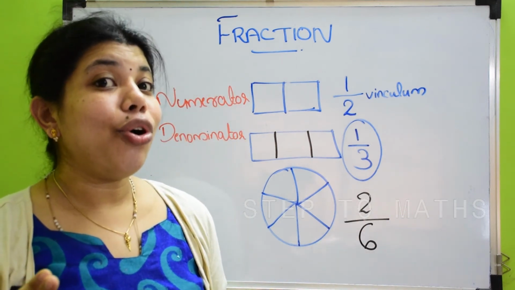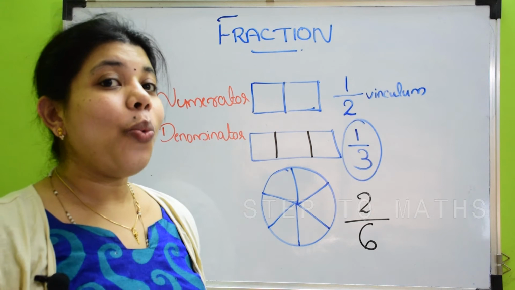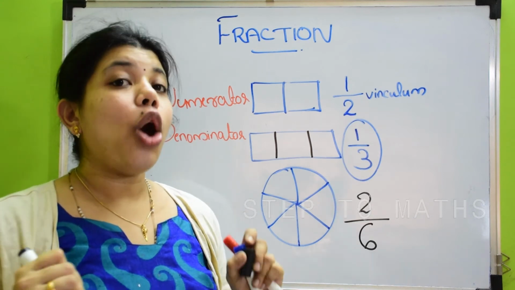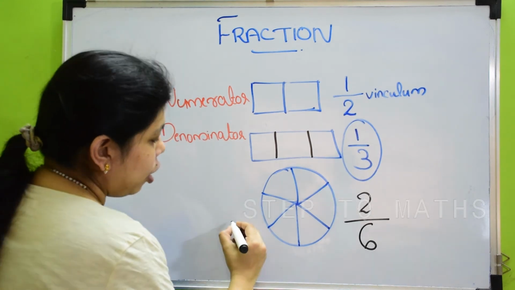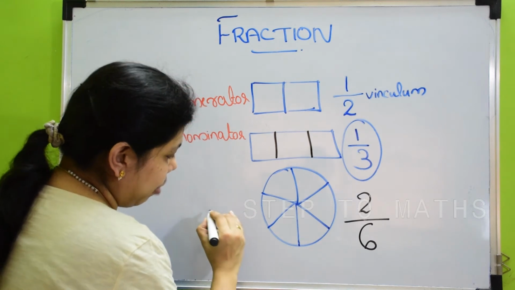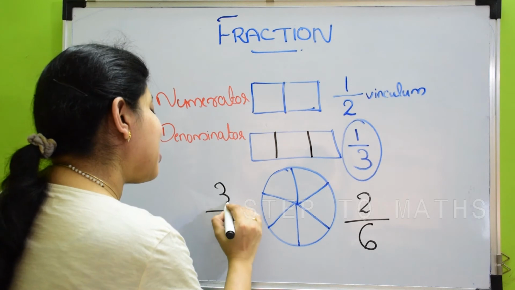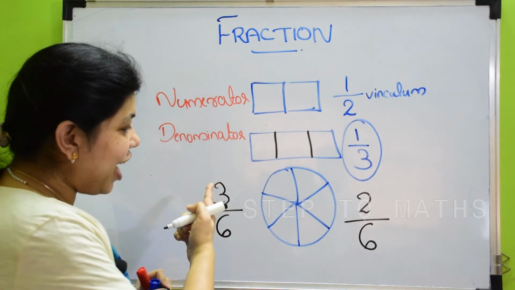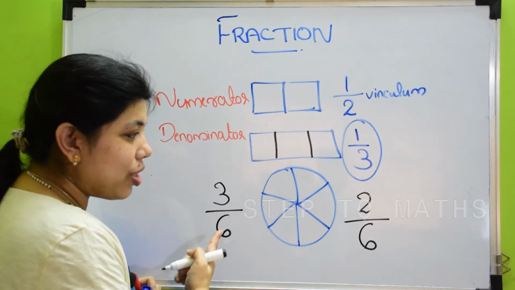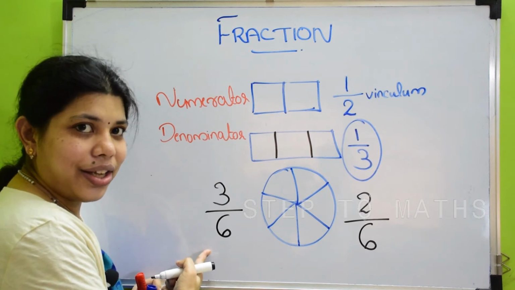Suppose you got 3 pieces, how can we write that? Total 6 pieces are available, out of which 3 pieces. Then we can write 3 upon 6.